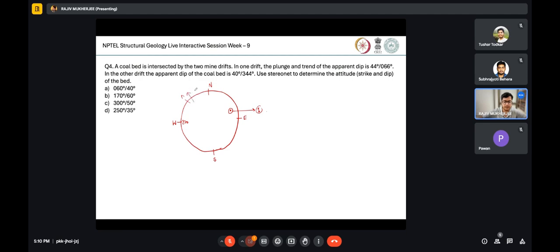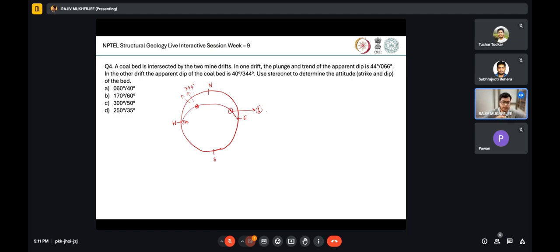Somewhere around this. So approximately around this direction, and we are having 40 degrees. So it is somewhere around here. So if we pass a great circle through this, it will eventually look like this, right?